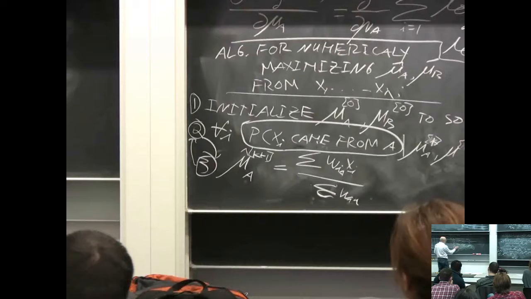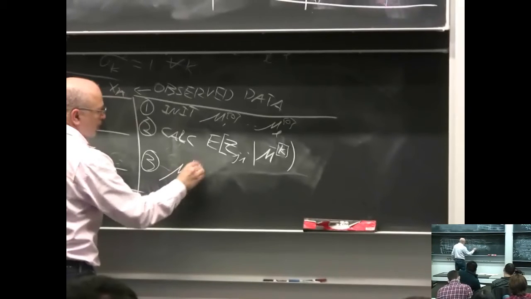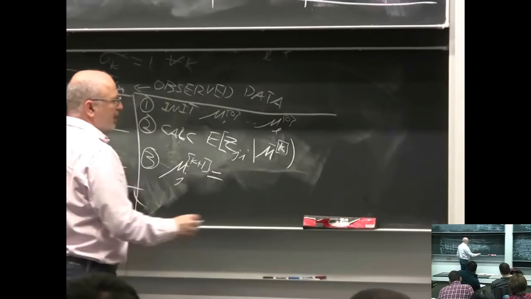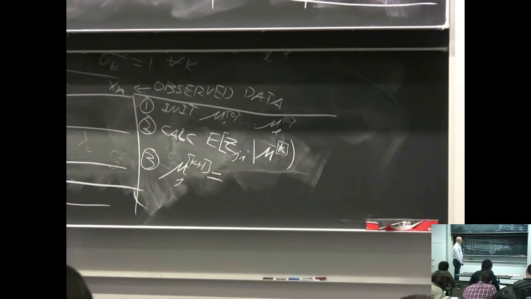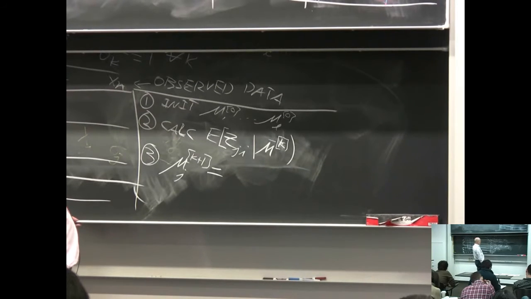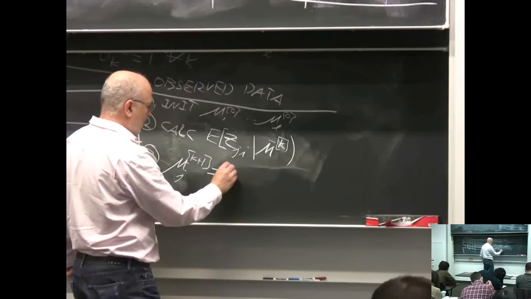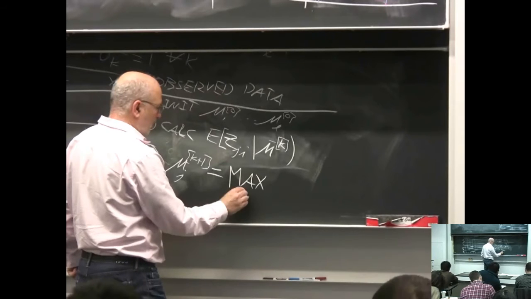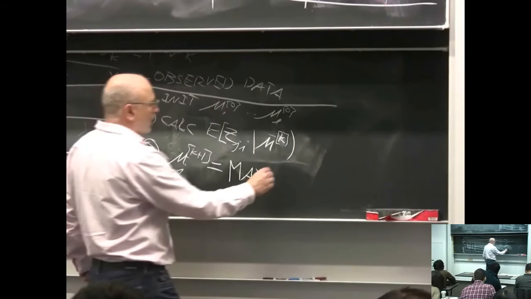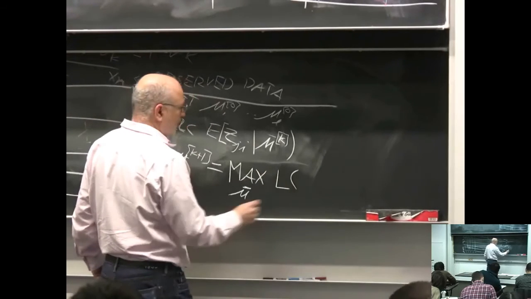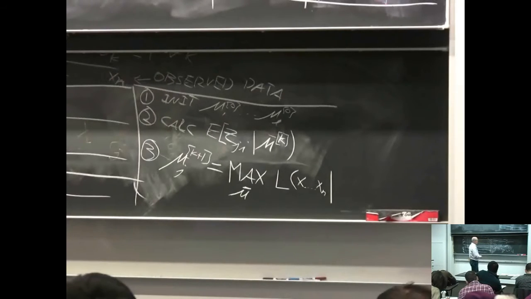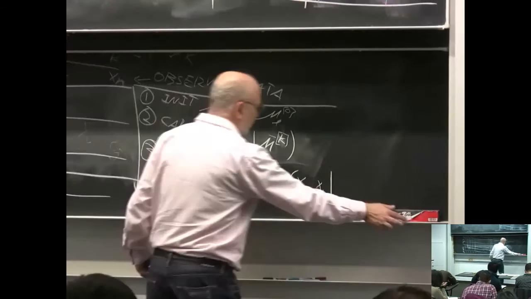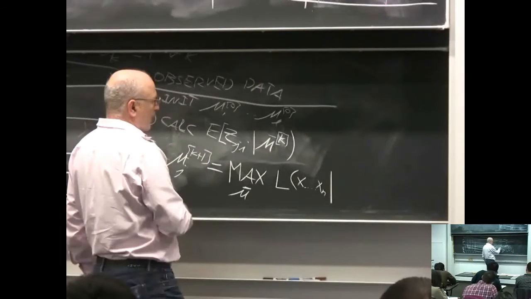So the general rule here is that the new mu j of iteration k plus 1 is the one that maximizes, over all mu vectors, the likelihood of the data conditioned on, assuming that these z's are fractional.